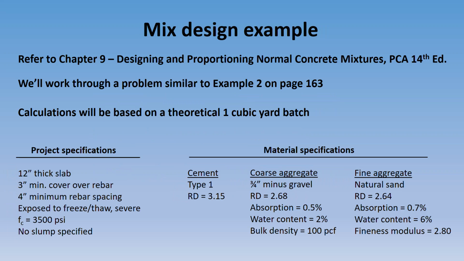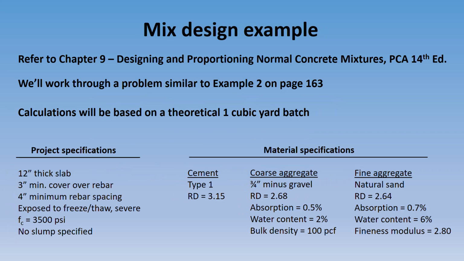Our coarse aggregate sample, or source, is a 3/4 inch minus gravel. And remember, 3/4 inch minus means that 3/4 inch is the largest size of the gravel particles in your graded gravel sample. It has a relative density of 2.68.